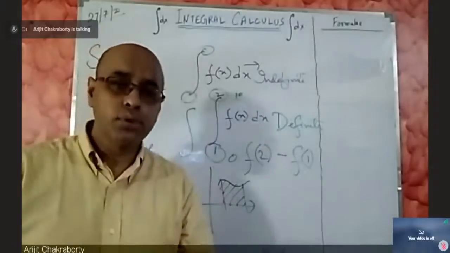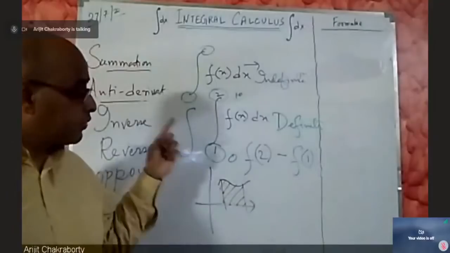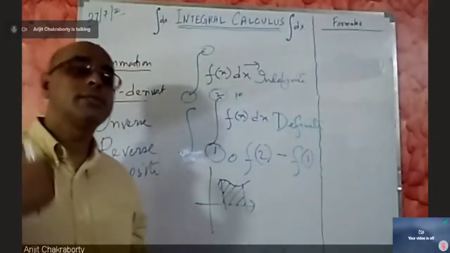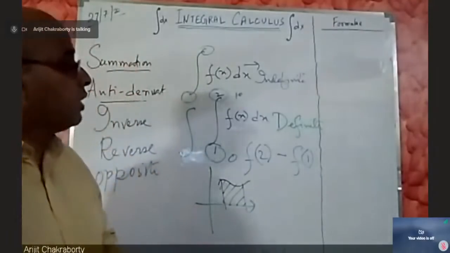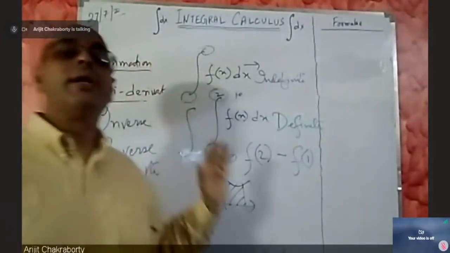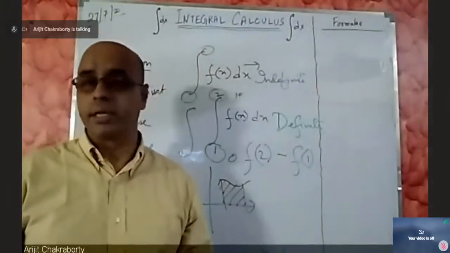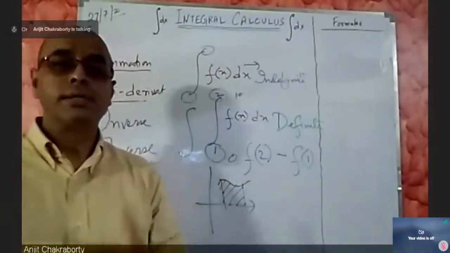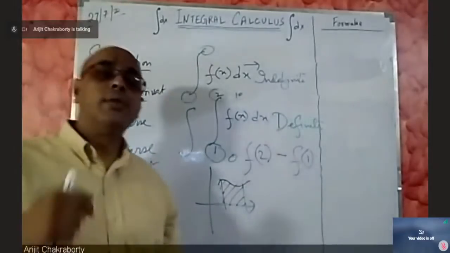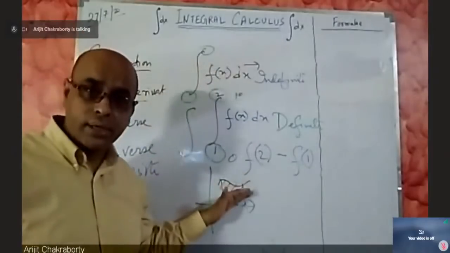So you have to talk about lower limit and upper limit. That means definite integration will be used in such a case. But wherever we don't have any numbers at the two ends of the integration sign, it is a case of indefinite integration. Right? I hope, dear students, you have understood the difference between indefinite integration and definite integration.